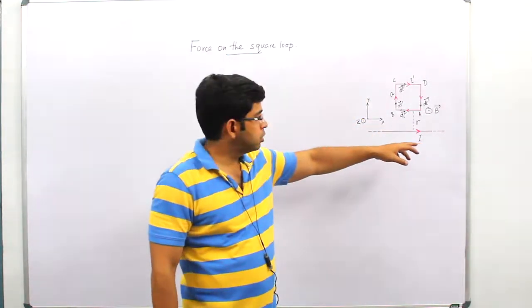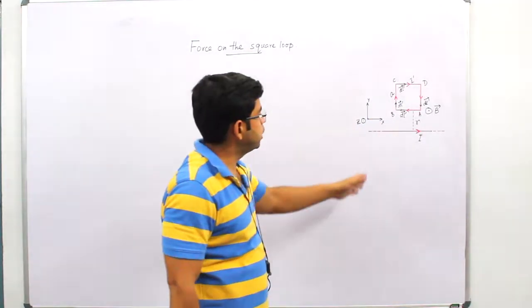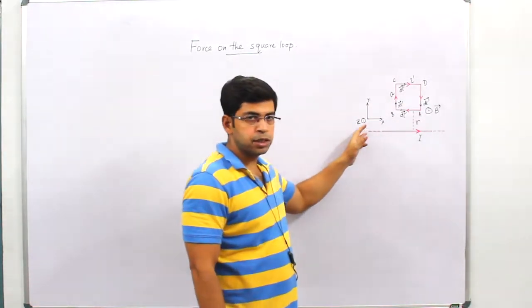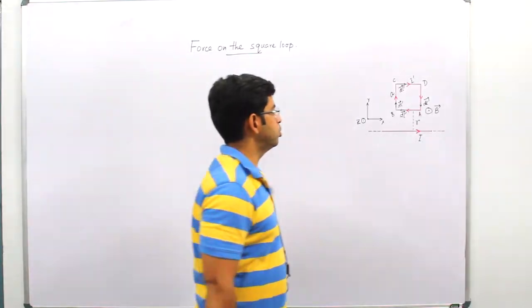X points along the right, y points vertically upwards, and the z axis points vertically outwards from the plane of the board.